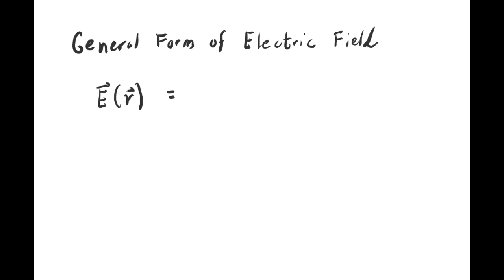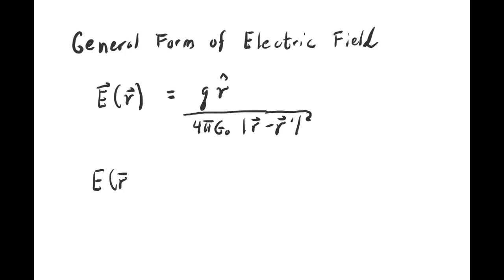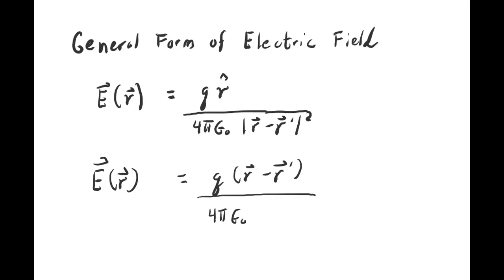It is simply q r hat over 4 pi epsilon naught |r minus r prime| squared. Or if you don't want to have your unit vectors flying around, get rid of them. You just have to change the denominator to |r minus r prime| cubed.